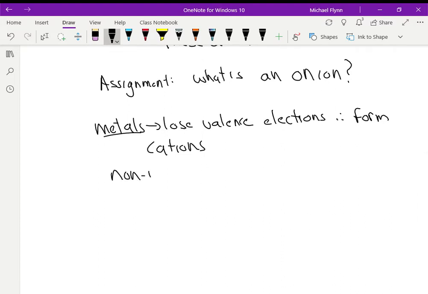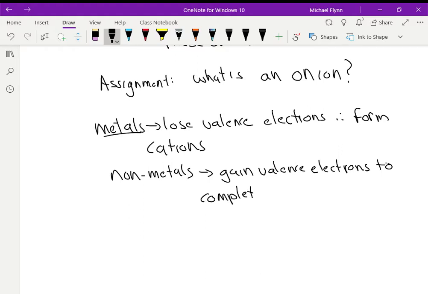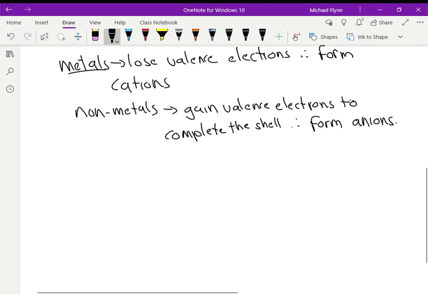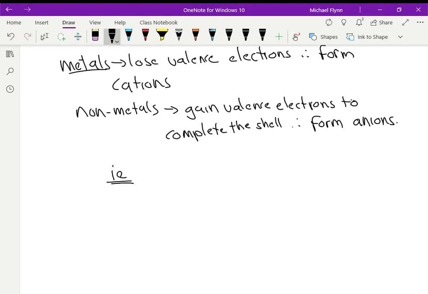Non-metals, on the other hand, like to gain valence electrons to complete the shell, and therefore tend to form anions.